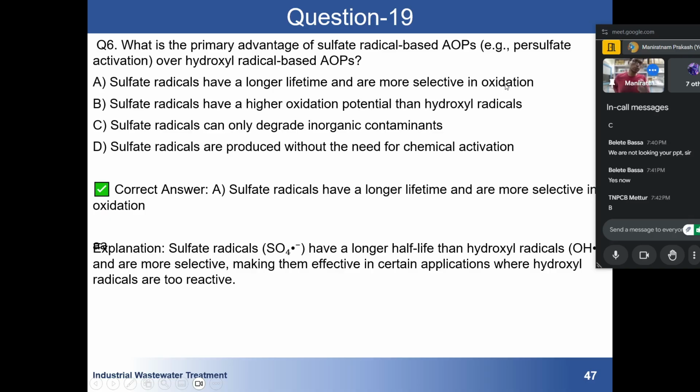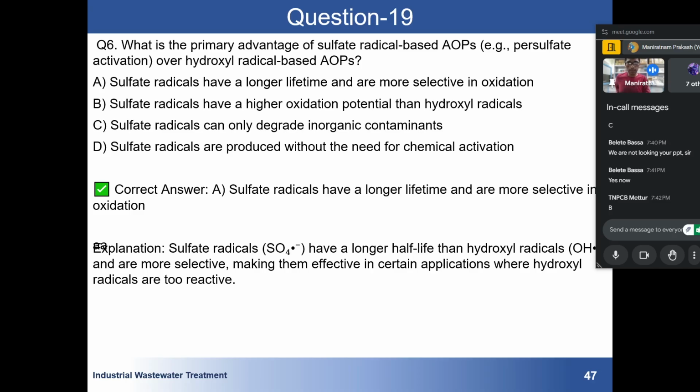H2O2 itself is a very reactive material, and its other part, the OH radical, is more reactive. It is not stable, it will react with its surroundings and convert into some other form. But sulfate radicals are very stable and work for a longer time.